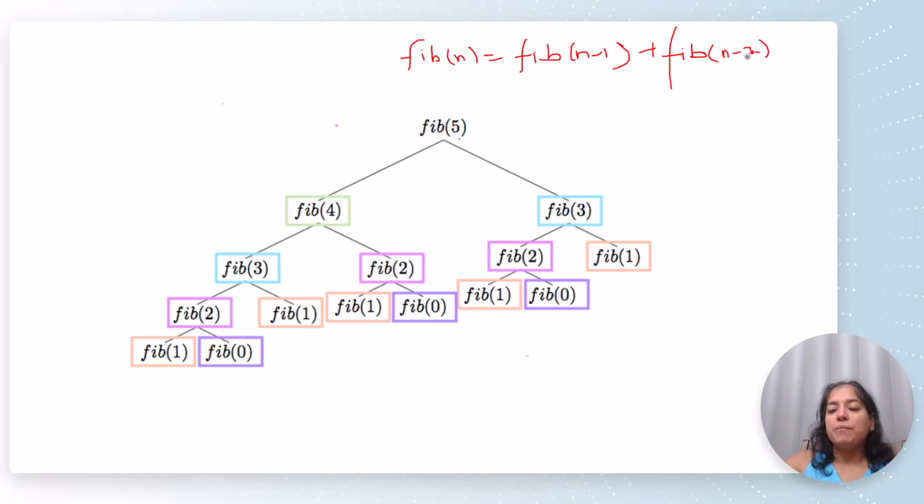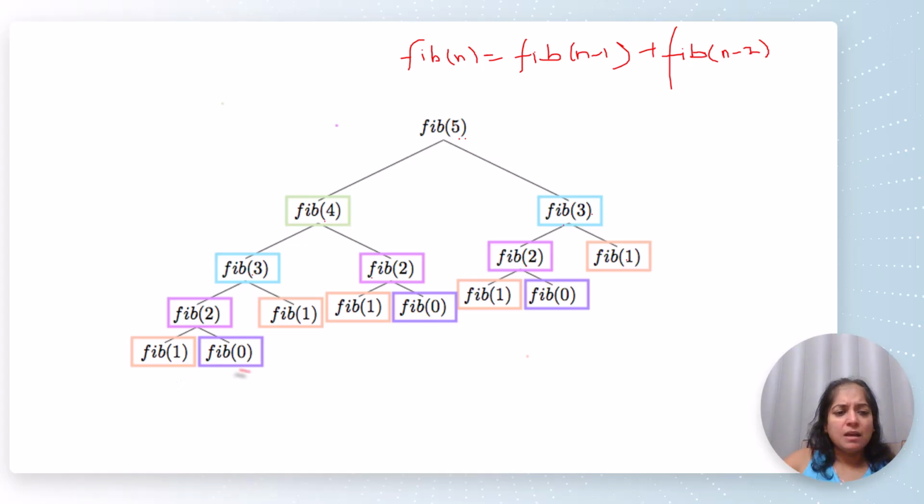So if I have to calculate Fibonacci 5, the two recursive calls will be Fibonacci 4 and Fibonacci 3. Then for Fibonacci 4, again two recursive calls will be Fibonacci 3 and Fibonacci 2. For Fibonacci 3, again two recursive calls, Fibonacci 2 and Fibonacci 1.